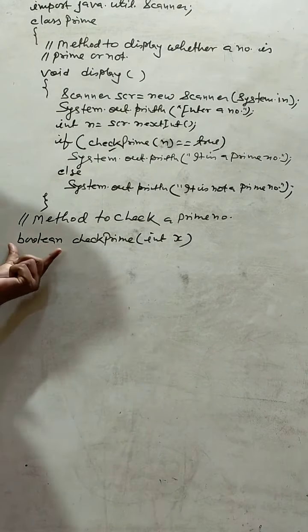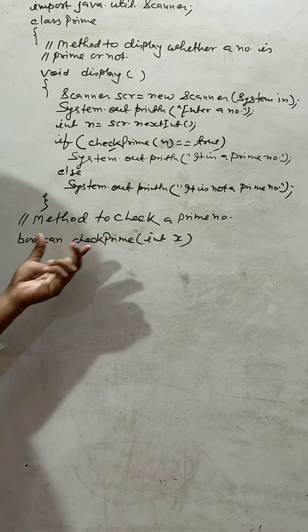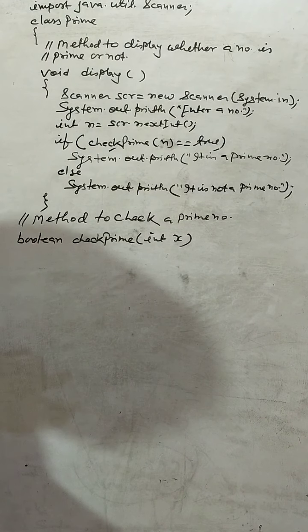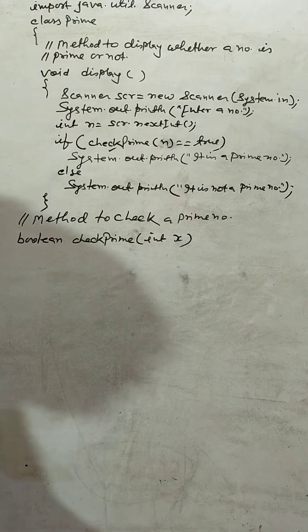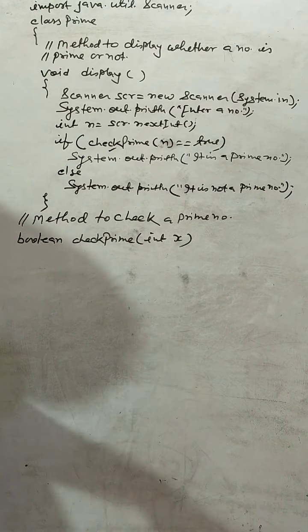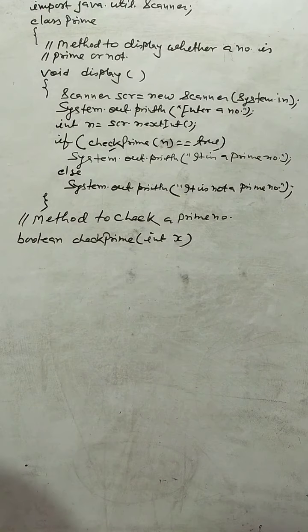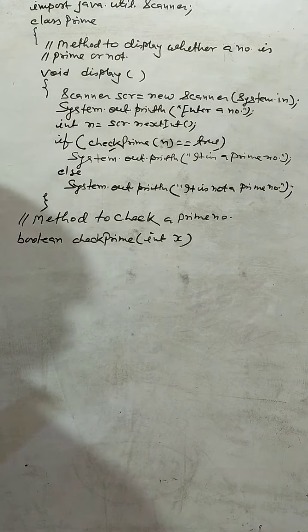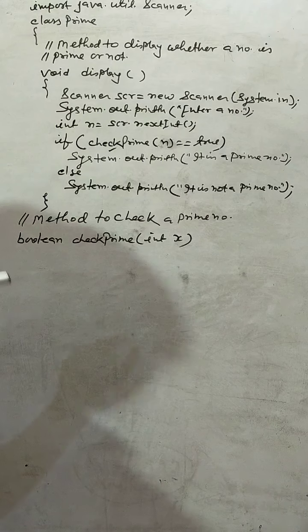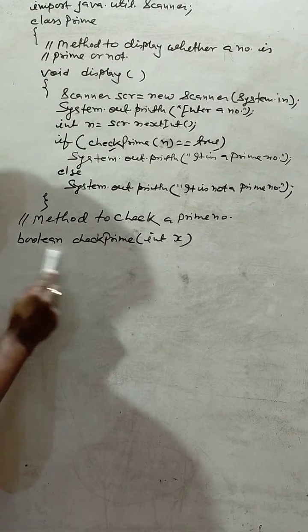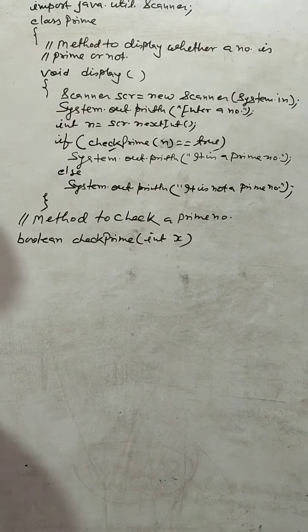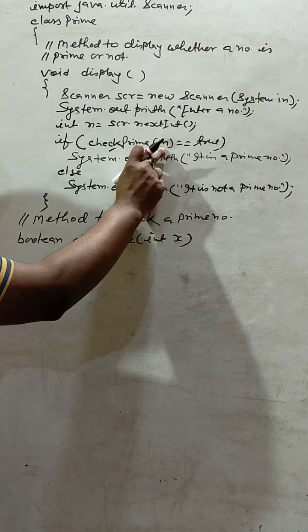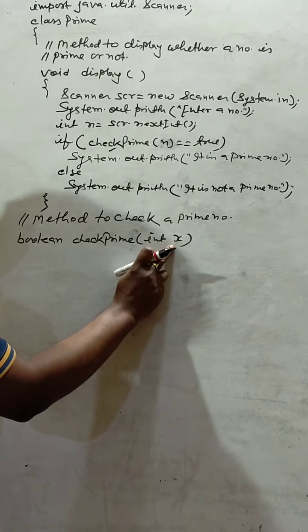The return type of the function is boolean because this function checks a number and returns true or false. If the number is prime, it will return true. If the number is not prime, it will return false. Since this function returns true or false, its return type will be boolean. The value we passed through n will be stored in variable x.